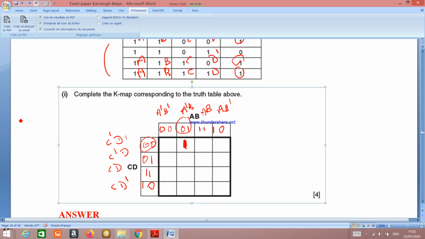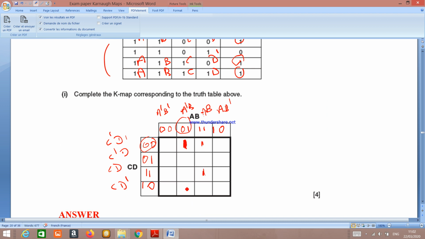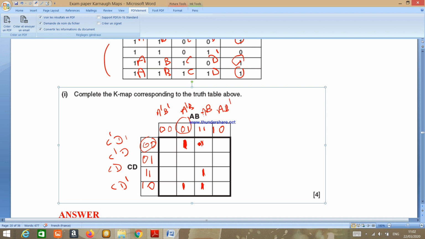You go like this. Next term is, you fill it like this, like this, like this, and like this. So you have 5 terms, 1, 2, 3, 4, 5, and then you fill with 0, 0, 0, 0.